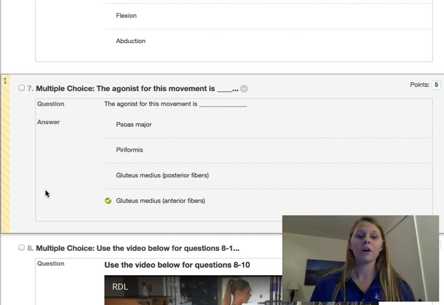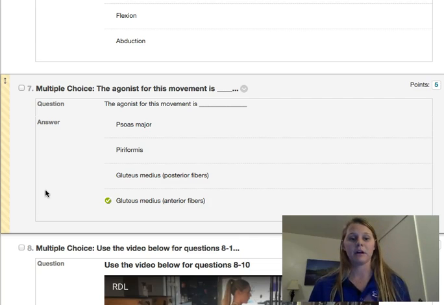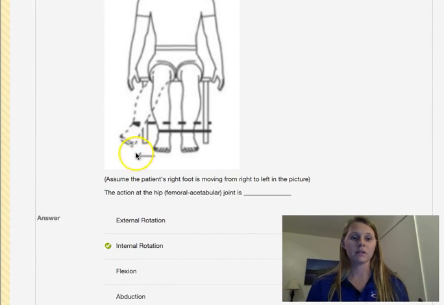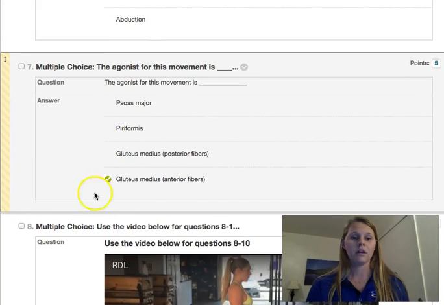So if you remember your glute medius fibers, you have anterior fibers and you have posterior fibers. The anterior fibers are working with internal rotation, and the posterior fibers are working with external rotation. So clearly, he's internally rotating at the hip, and the agonist for this movement is the gluteus medius, the anterior fibers, because they assist in internal rotation.